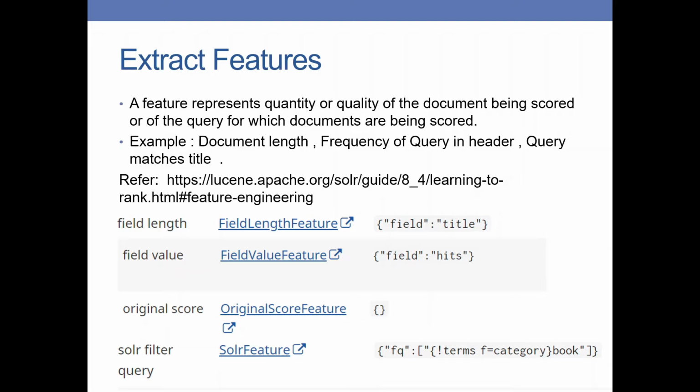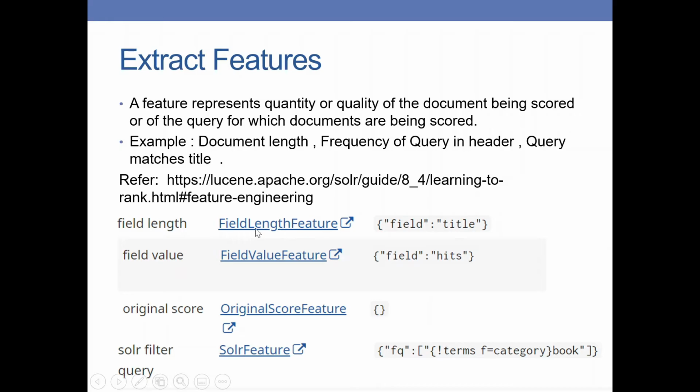Some examples are document length, frequency of the query in the header, and matches with the title. You can go through this link. It has many types of features and gives you details of what kind of features you can configure.